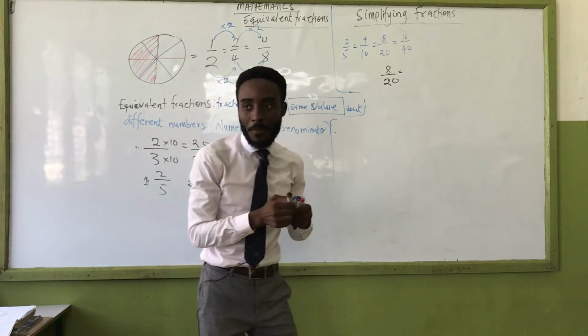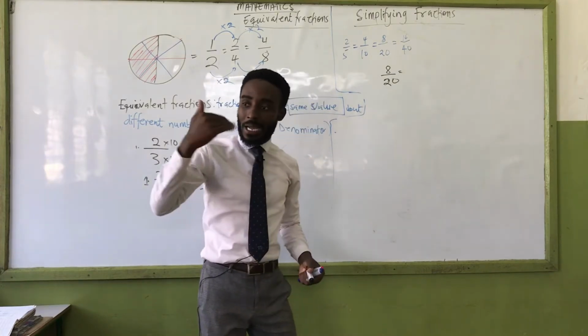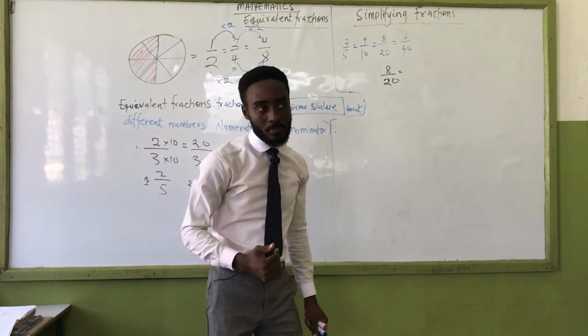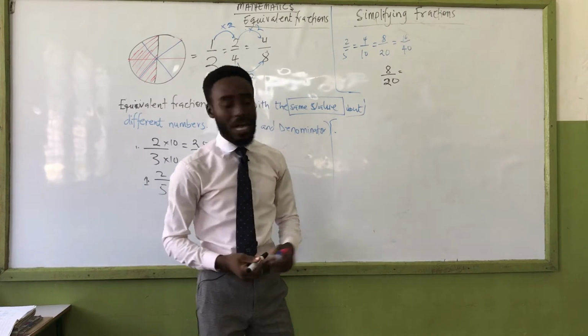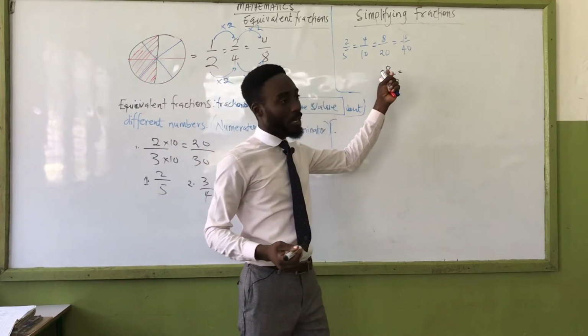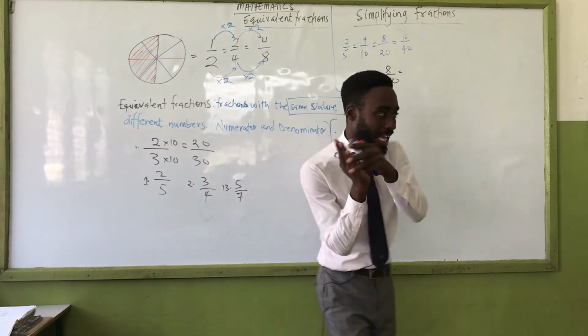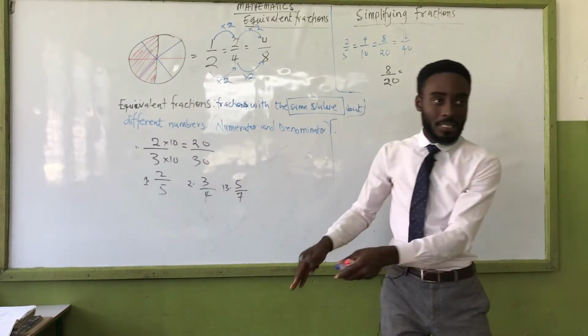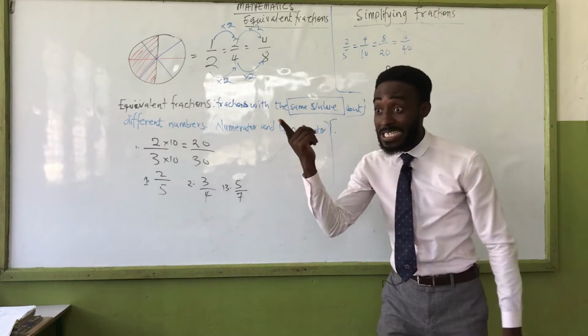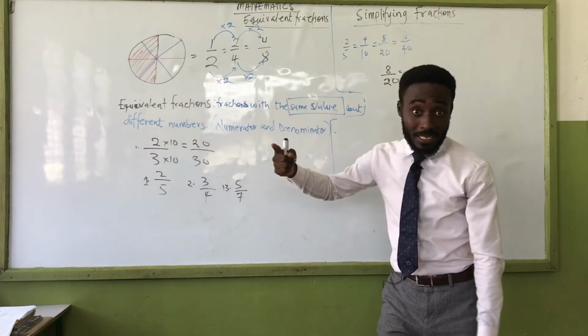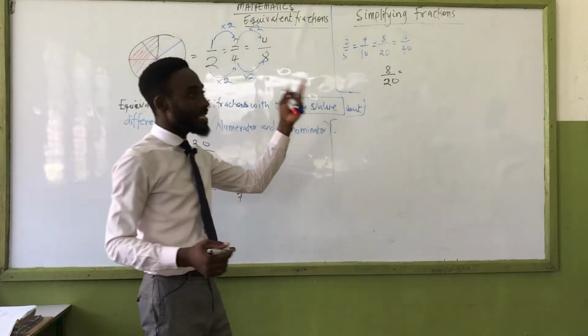Simplifying has to do with breaking numbers down. How do I break this number down? Breaking has to do with cutting, right? Which arithmetic sign has to do with cutting or breaking? Division, right? If I'm cutting or breaking, I'm dividing.